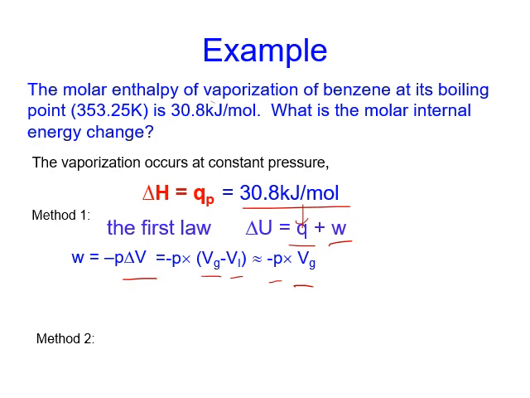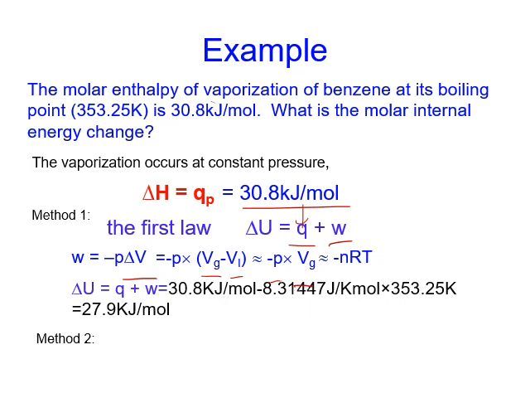And if we assume it's an ideal gas, which usually is true under 1 atmosphere, we have negative nRT because PV equals nRT. So that's W, and delta U equals Q plus W. Plug in the Q and the W, and we can get 27.9 kilojoules per mole.